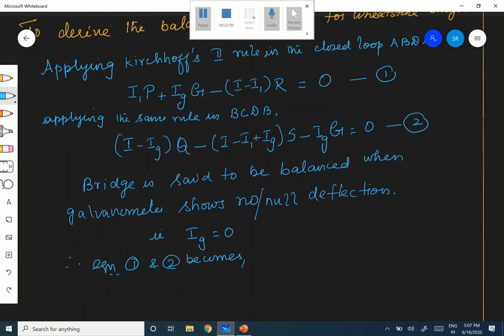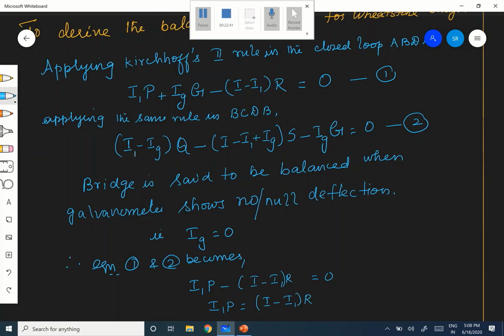Equation 1 becomes I1P minus (I minus I1)R equal to 0. Therefore, you can say I1P is equal to (I minus I1) into R.